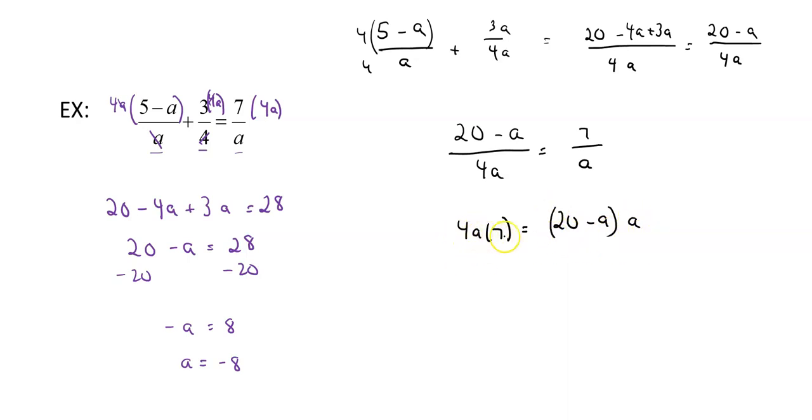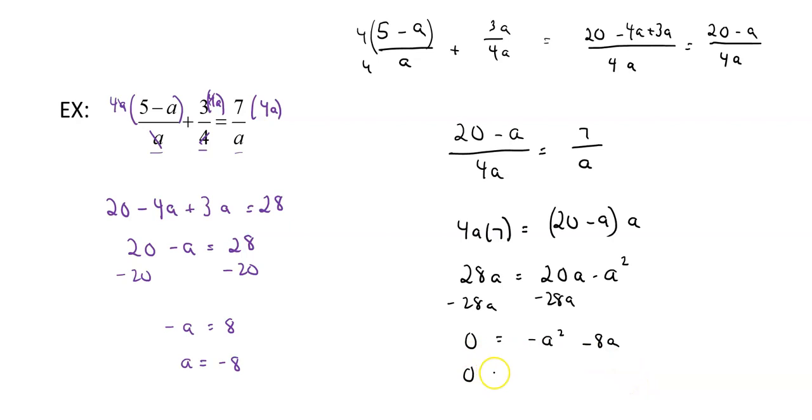So 7 times 4 is 28, and I get 28a equals 20a minus a squared. Bring my 28a over to the other side, and I get 0 equals negative a squared minus 8a.